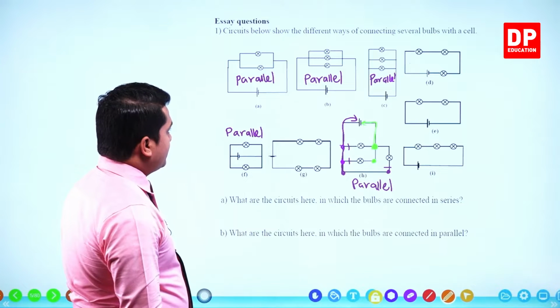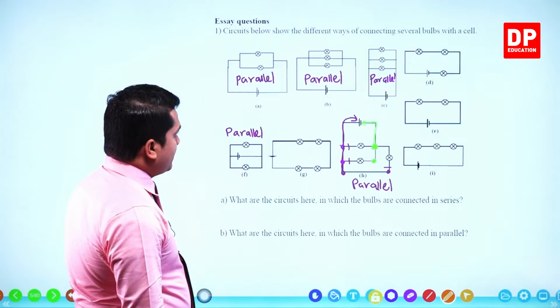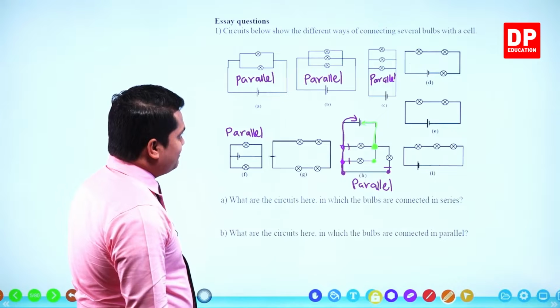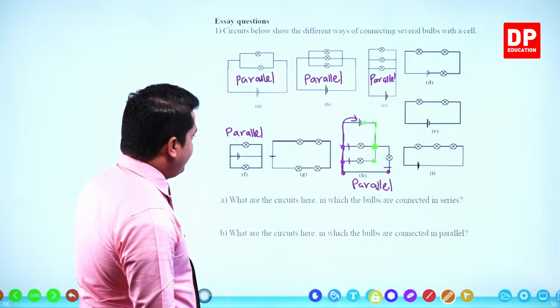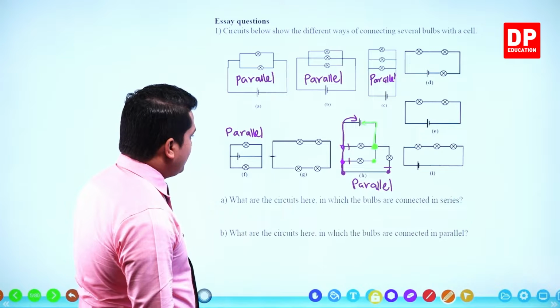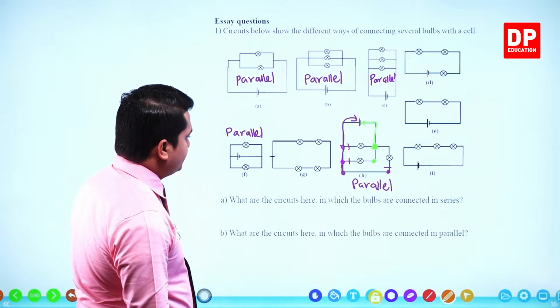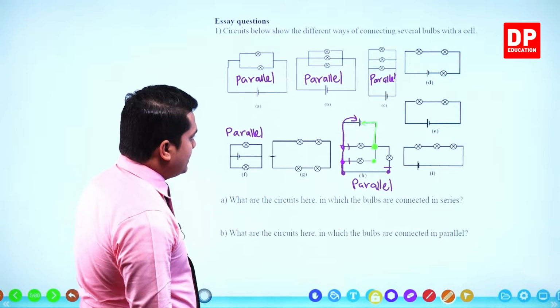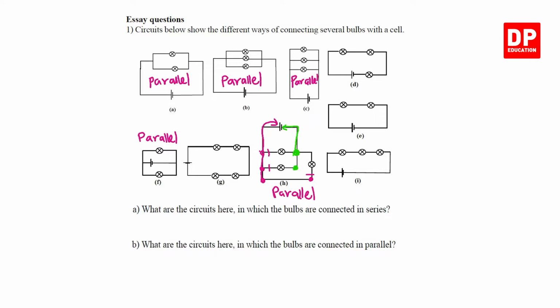So A is parallel, B is parallel, C is parallel, F is parallel, then after that H is parallel. All the other ones should be series connected. Yes, those are series connected. So this is series, and series.